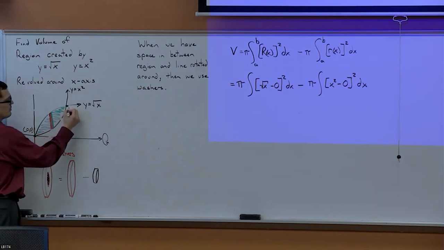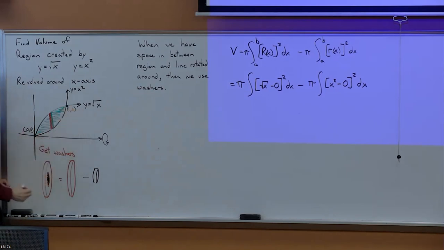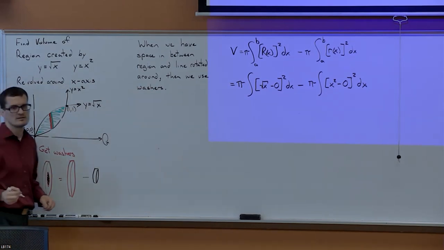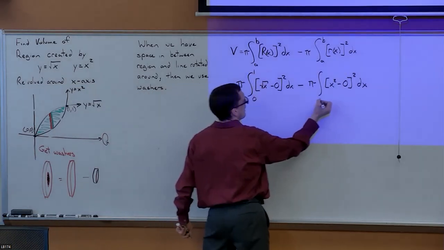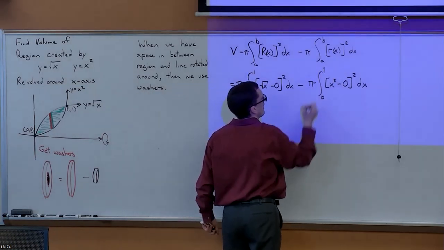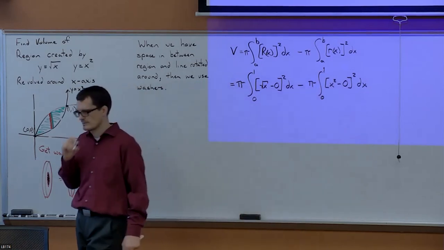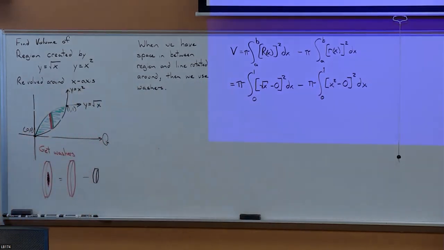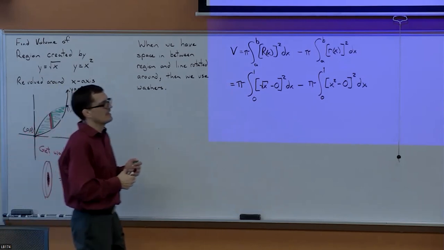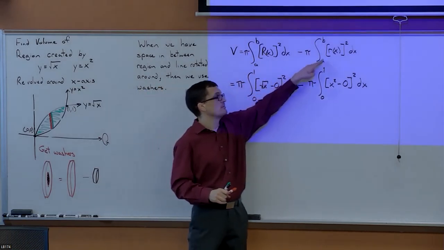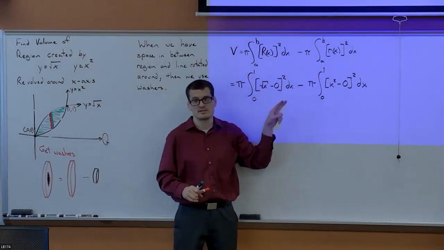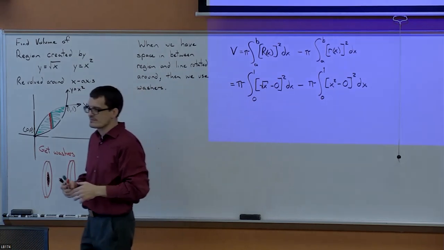This right-hand point is the point 1, 1. So the x values are going from 0 to 1. And that's on both of those, right? That whole region. If we're talking about washer method, the A and the B will match up on both of these.